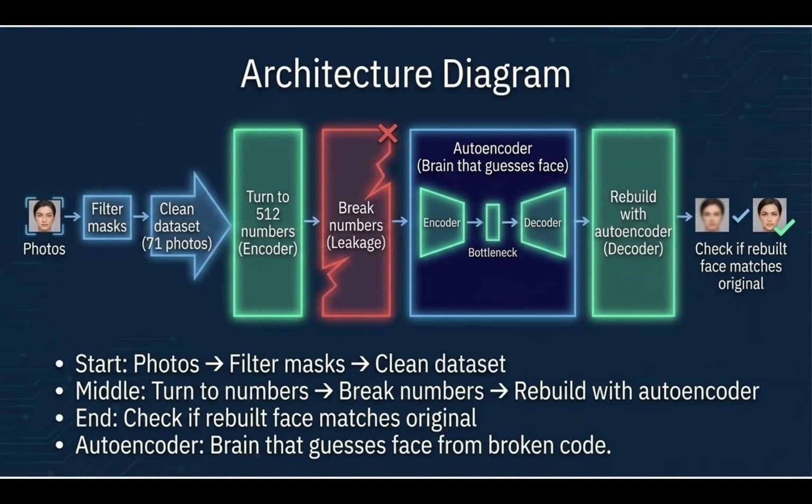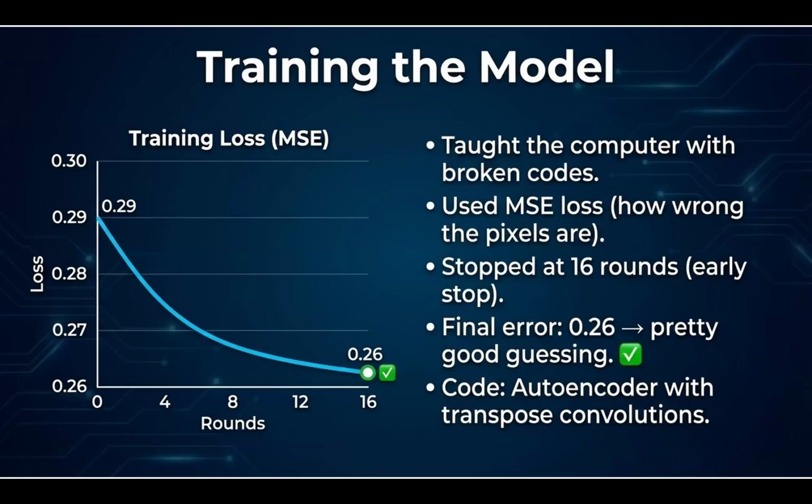It's a production grade autoencoder which has very good results of 94% exact results. Once we started training this model with the 71 photos, we trained it on these broken images to guess the faces, and we got very fast results.